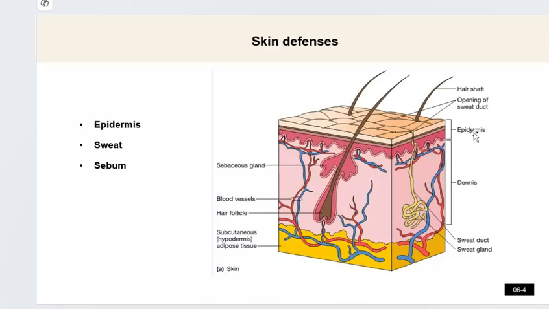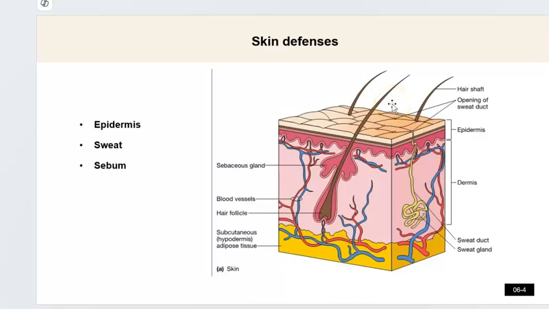And those layers provide a strong physical barrier against penetration of pathogens. We regularly shed the outer dead cells of the epidermal layer, and that's a way we also physically shed microbes. So here, this upper top part is our epidermis, and then our dermis. We can see this top here is where the dead skin cells come to.